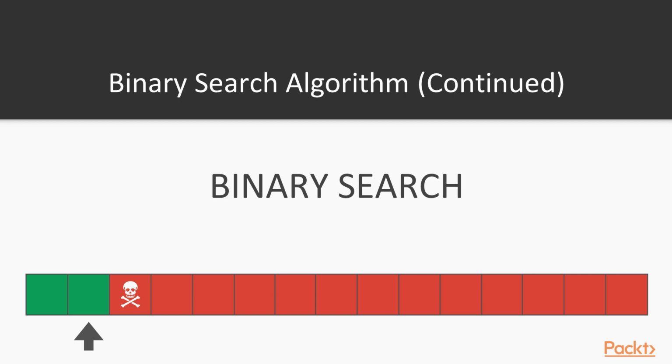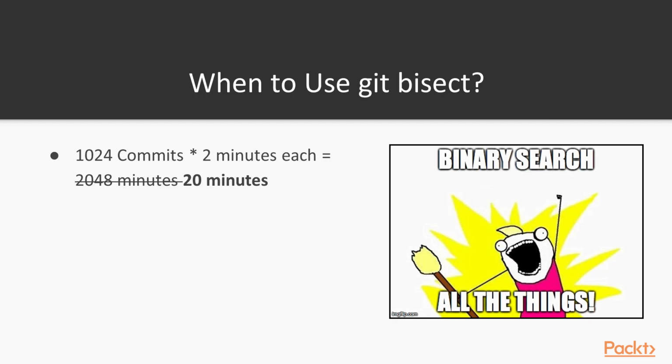So we did only 5 steps instead of 15, and we found the first commit that introduced the bug. That, of course, in this list is the first red commit, the commit with the skull. If we consider our previous example with 1024 commits, instead of taking 34 hours, it will take only 20 minutes to find the right commit.